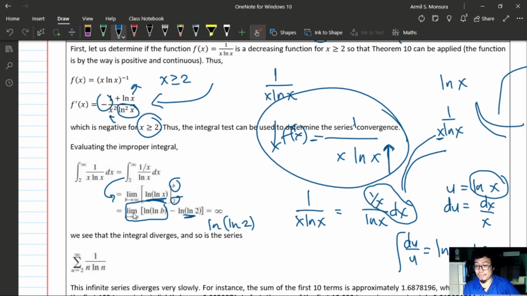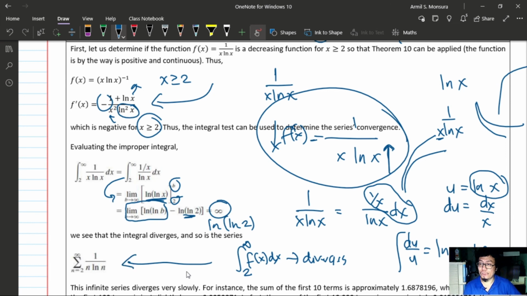But the other half is actually an infinite number. So therefore, eventually, this number becomes an infinite number. So since the integral of f of x dx from 2 to infinity diverges by theorem 10, this series would also diverge.